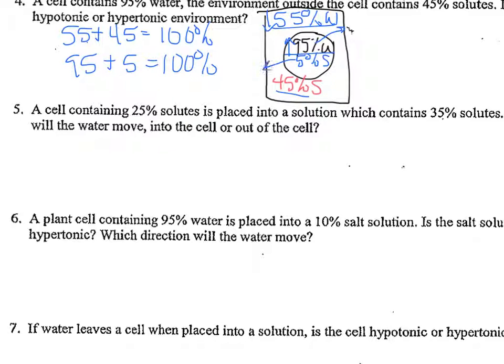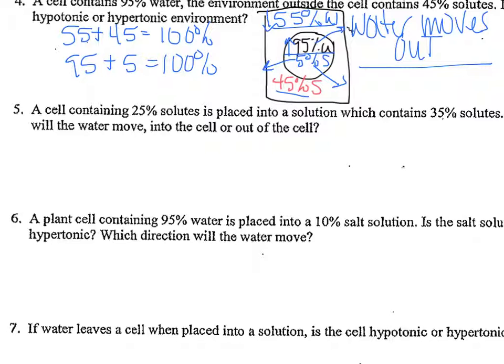Therefore, water is going to move outside our cell. Water moves out. Our cell shrinks. And now we want to know, is the environment hyper or hypotonic?